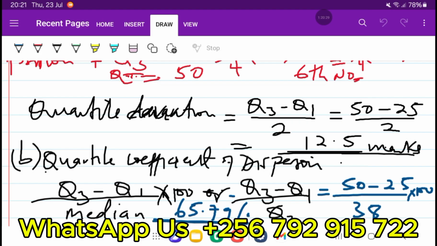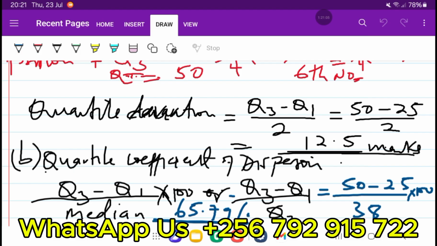Now, one thing that you need to understand is that they may ask you to interpret, because remember we say these are just positions. If they tell you to interpret your results, what are you going to say? Of course, there are those where we get the interquartile range.